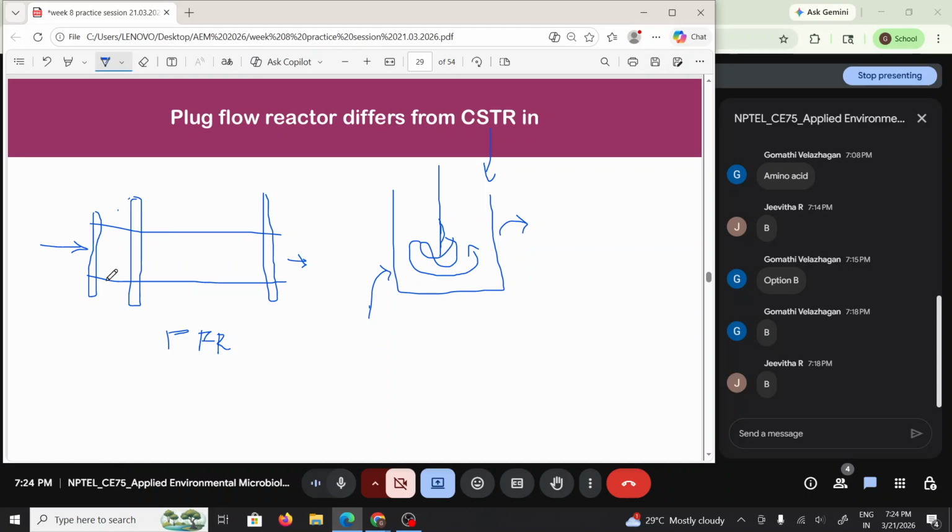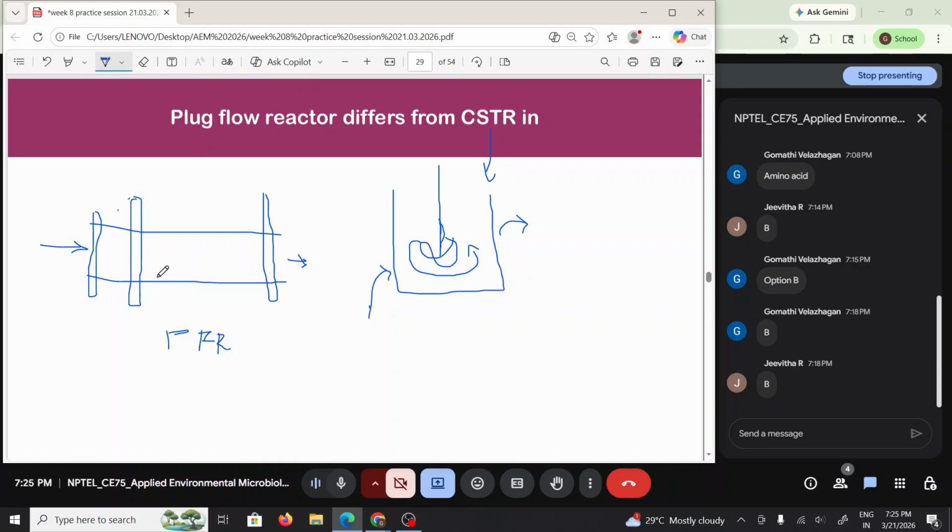That is what we assume, because there is no mixing here. That mixing is called axial mixing, which is the mixing in the direction of flow. There is no mixing in the direction of flow. Each part you call a plug, and this is what entirely you call a plug flow reactor.